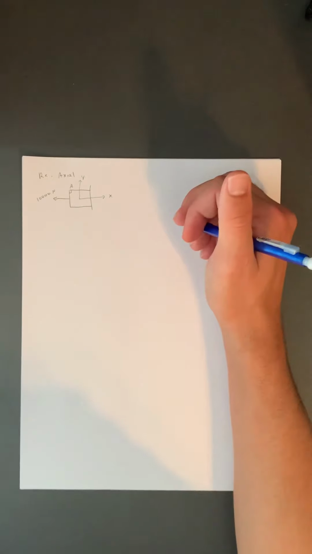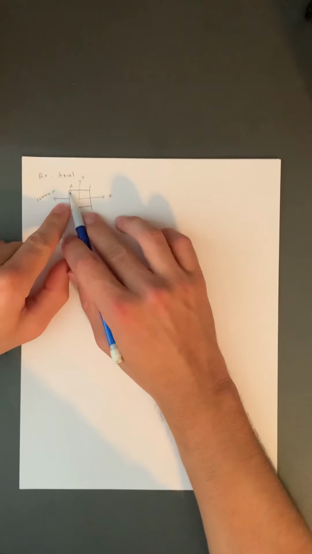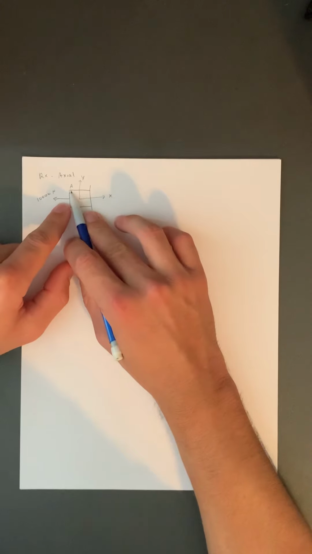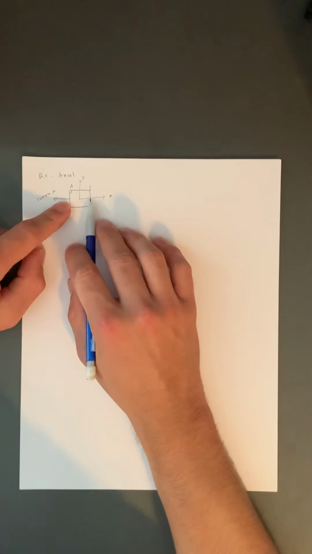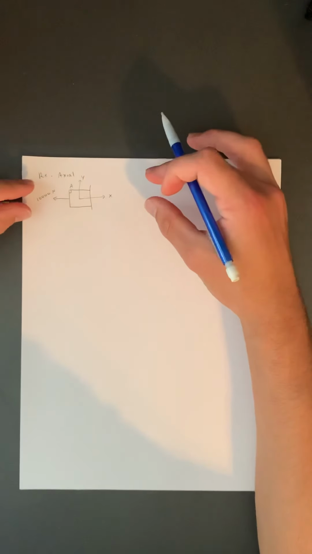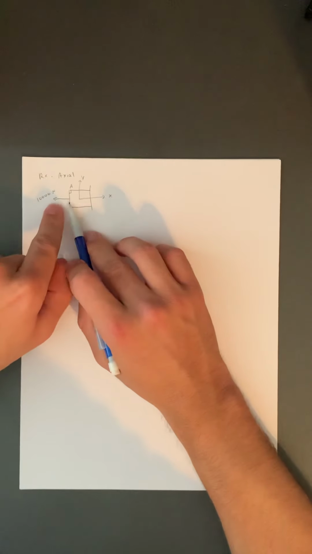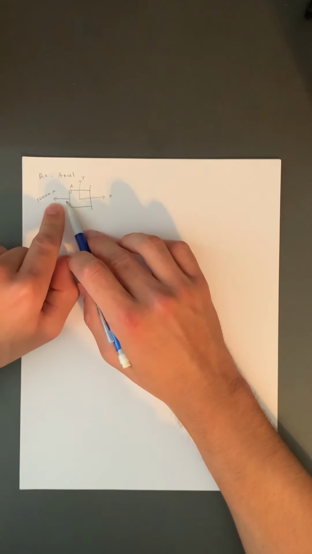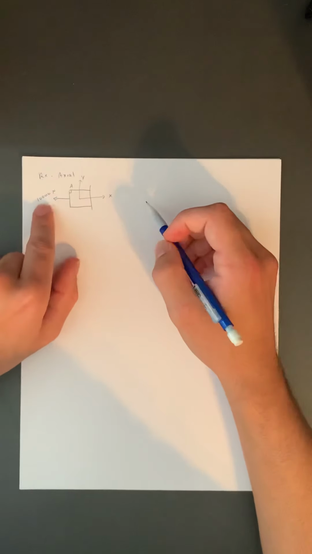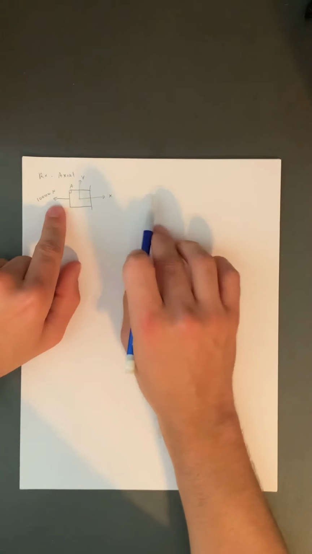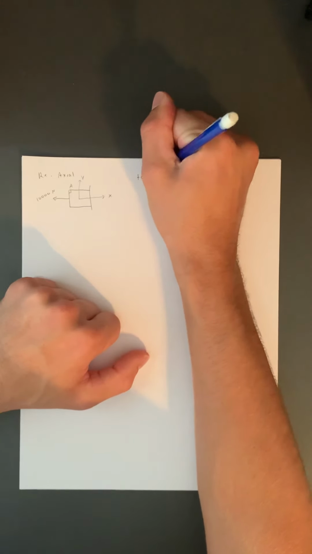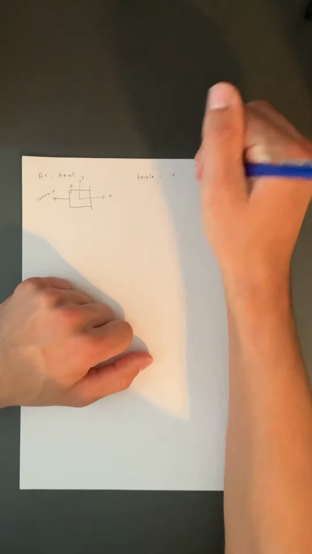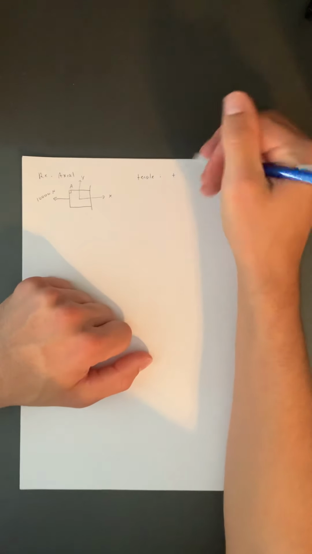Now, the location of A is up here, and because this is a negative force, you can see that this block is being stretched. It is being pulled instead of compressed, pulled by this negative 10,000 Newton force. It's not negative here, but it is denoted as negative because x is going to the right and the force is going to the left. So we have a tensile stretching force, and for that it is a positive value.